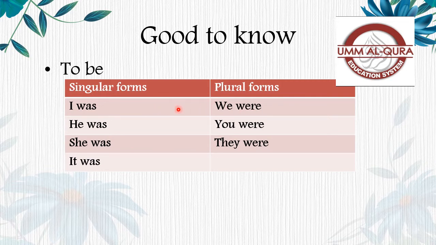With singular nouns we will use was, with plural nouns we will use were. For example, I was, he was, she was, it was, or any singular noun. For plurals we will use were. For example, we were, you were, they were, etc.